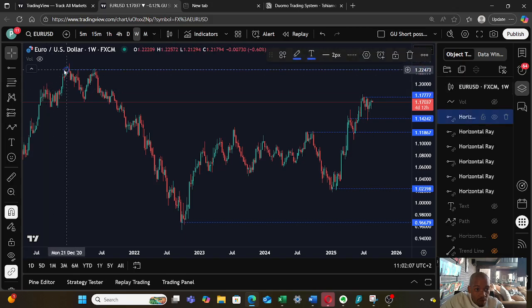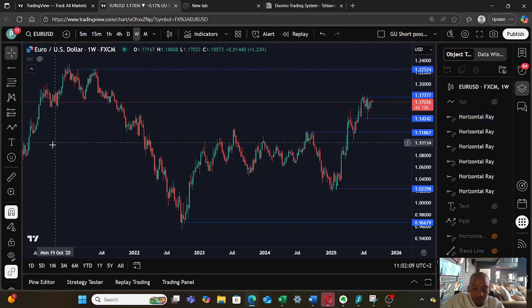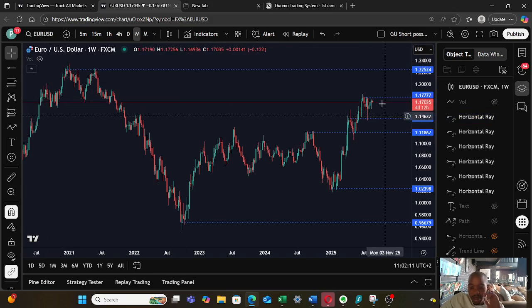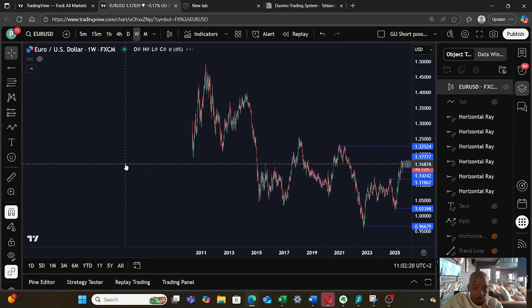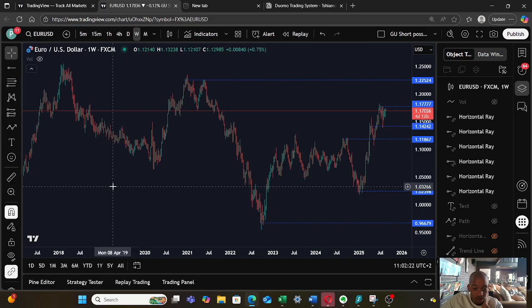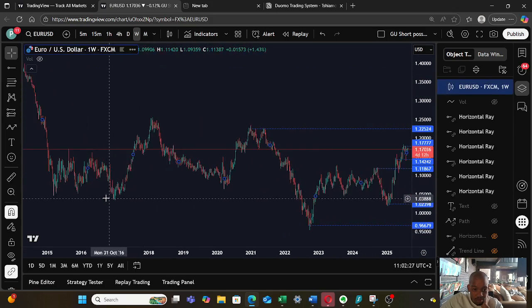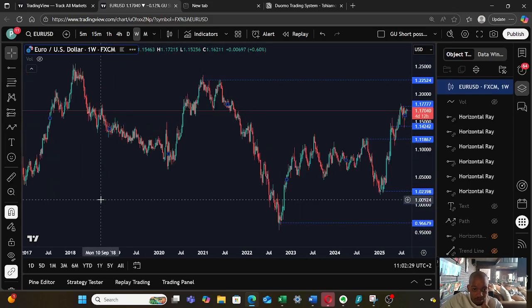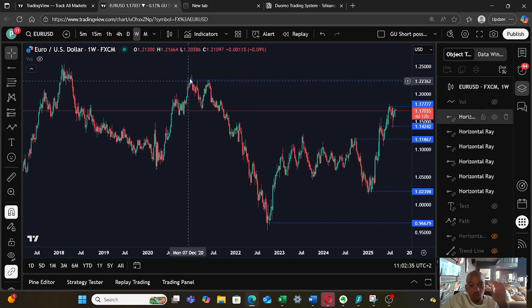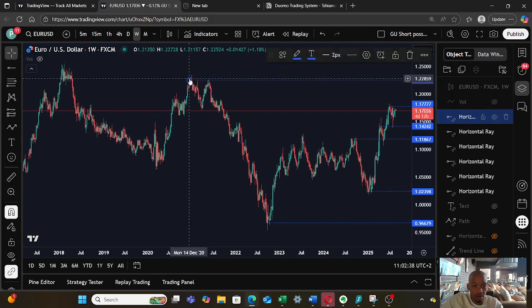Oh, the swing is beautiful. Can you see? There's all this room for euro to be attracted to the upside. Oh, this is beautiful. This is very beautiful for euro. There's also some swings way up here.